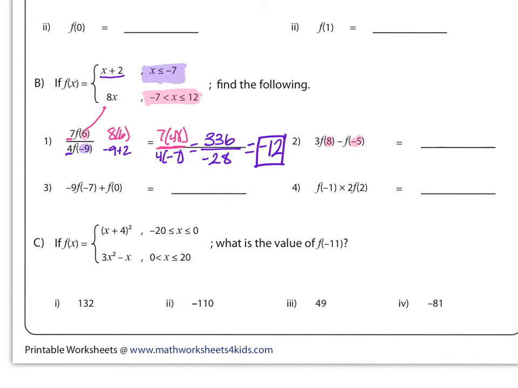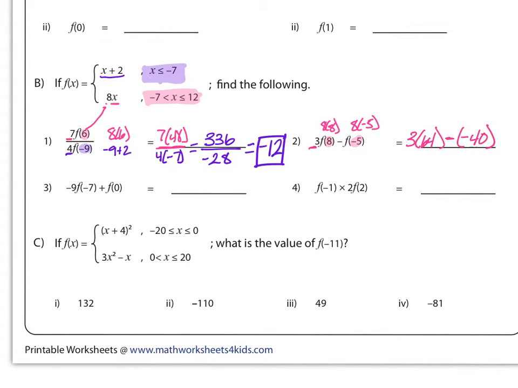So here we go. I'm going to figure out what f of 8 is first. So that's 8 times 8. And then this one will be 8 times -5, because it's 8 times x right here, right? 8x. So then I get 3 times 64, because there's the 3 right there, minus -40.